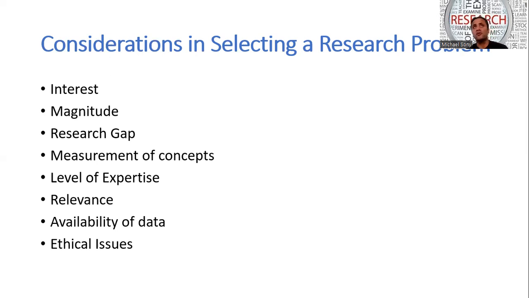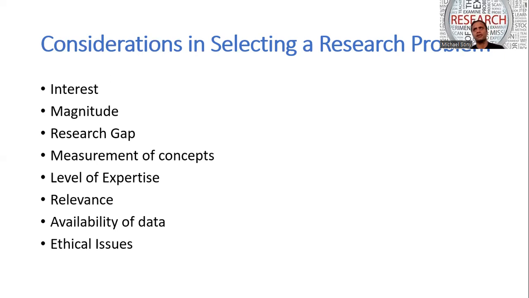Another facet would be a research gap, whether this gap exists in the academic level or the academic body of knowledge. Has this study been conducted elsewhere in some other country or some other sector? Can we import that study in this sector and it can be done? So is there a need for carrying out a research?